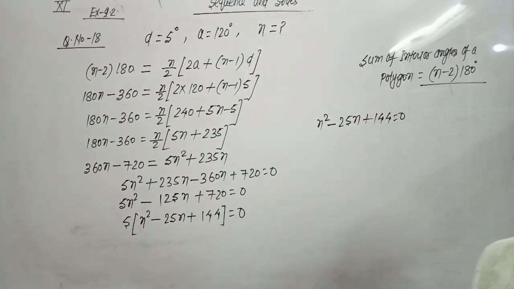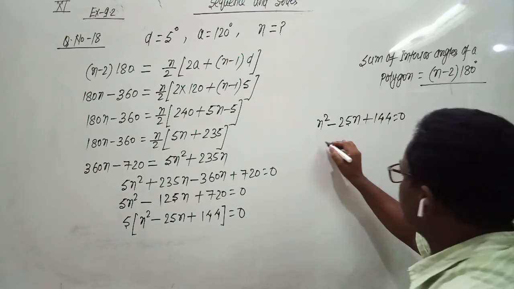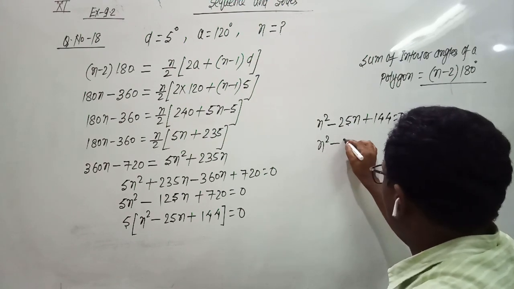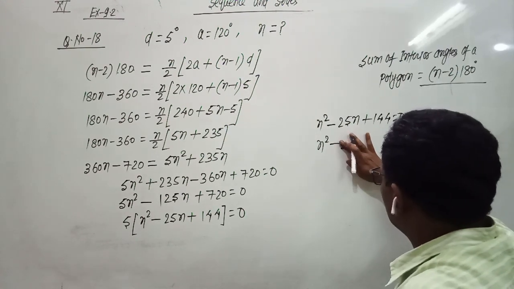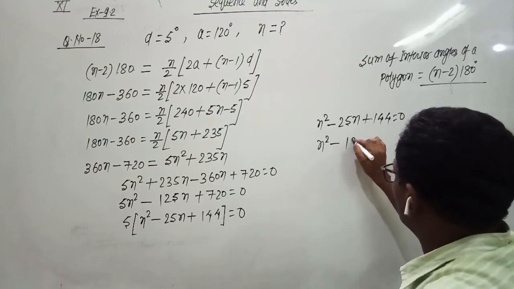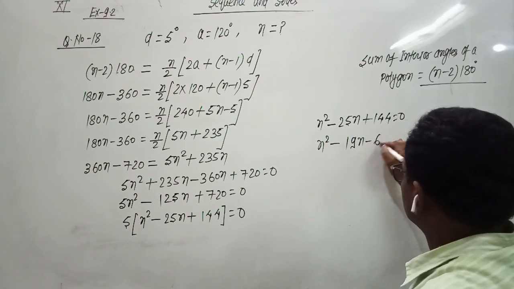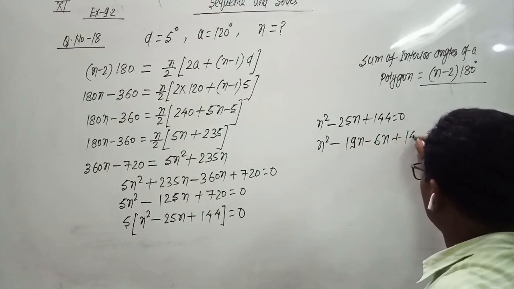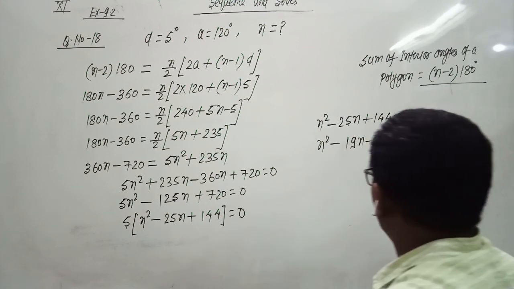Make the factors by splitting the middle term. So n square minus 19n minus 6n plus 144 equals 0.